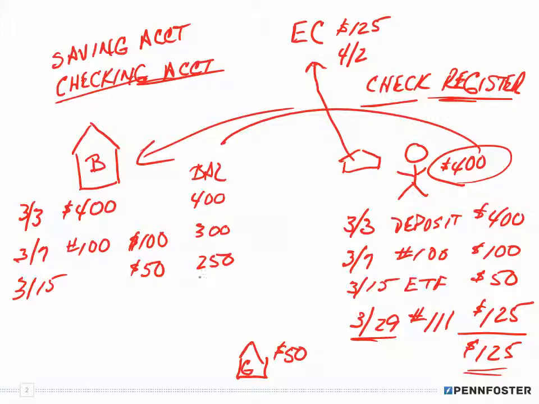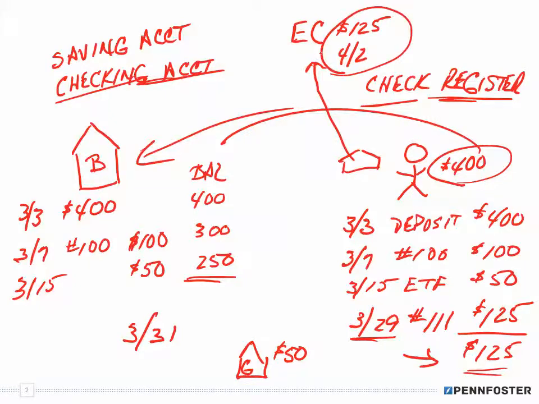Your bank is saying that you only have a balance of $250 as of 3/31, the last day in the month. You're saying in your check register that you only have $125. The reason is that this check for the $125 has not gone through your checking account just yet.